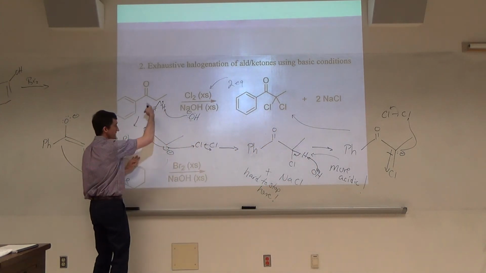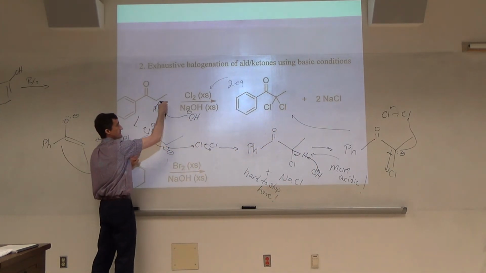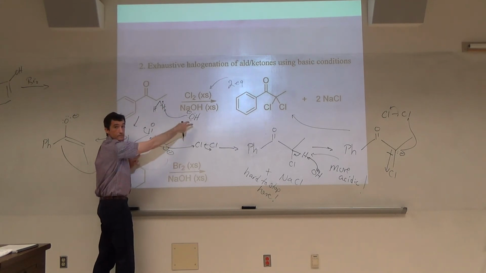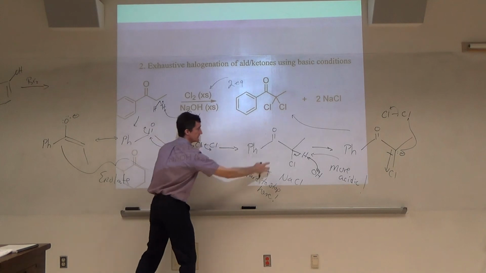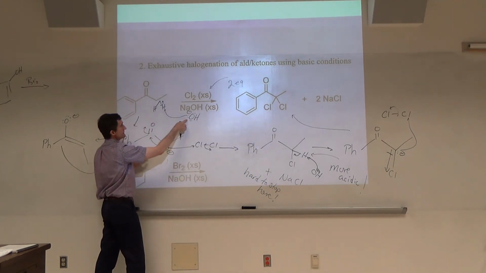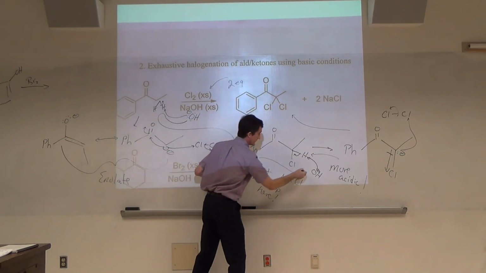So as this reaction is happening, this has to do this a gazillion times. And say it's gone 10%, and you've got 10% of this sitting here. This base is going to take the most acidic proton around. It's going to say, "Oh, I'm liking this guy better."